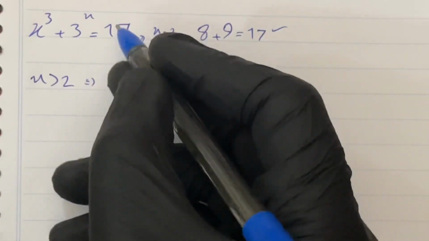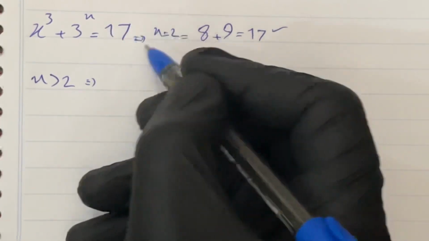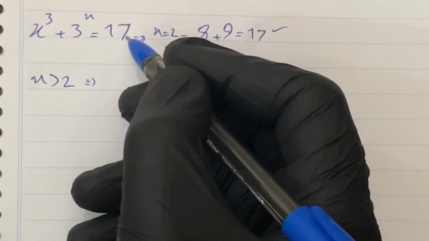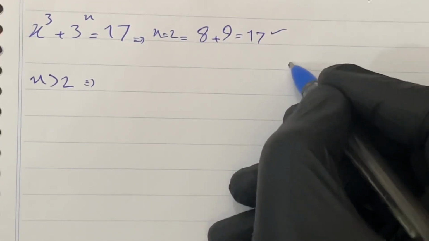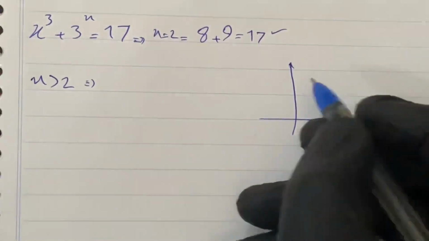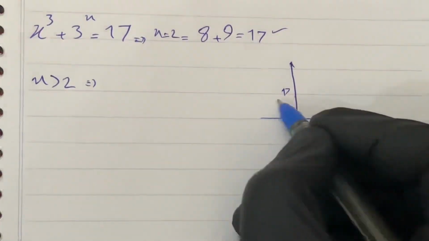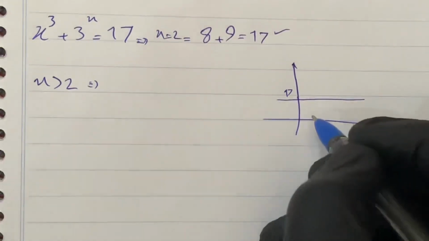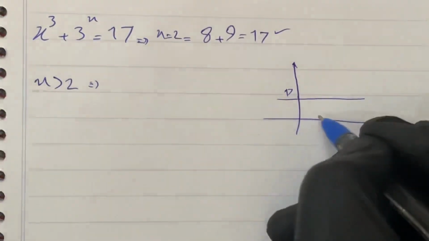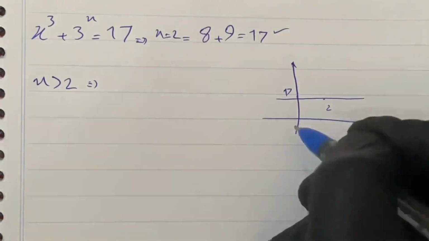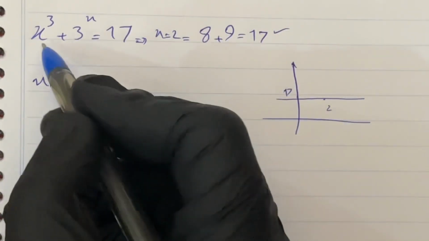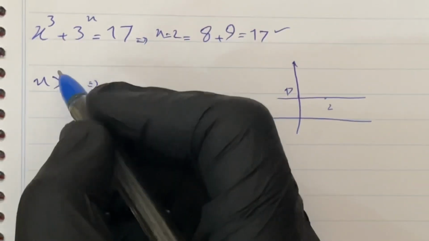Because the right-hand side of the equation, 17, is a constant function, what I mean by that is 17 is just a constant function. It is something like this, and we found that at x equals 2, we found a root for this equation, and now I've proved that.